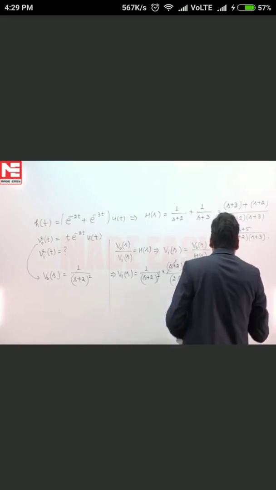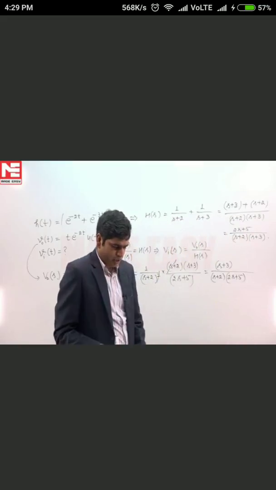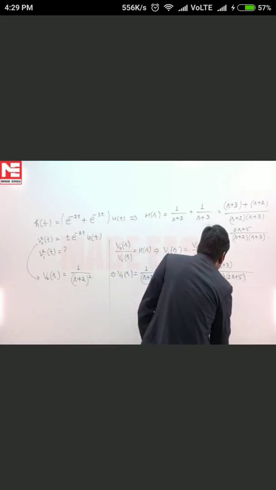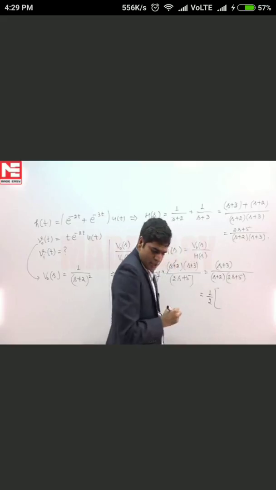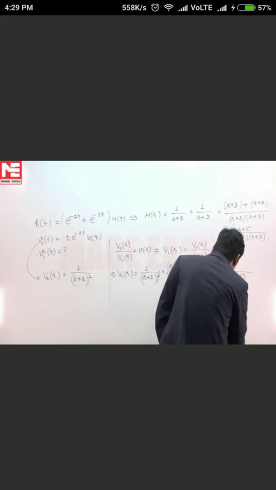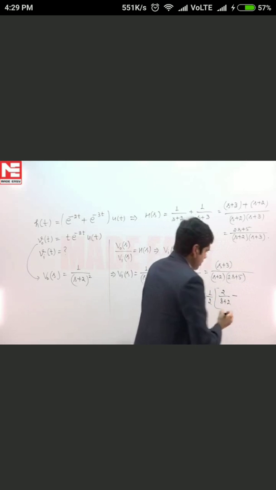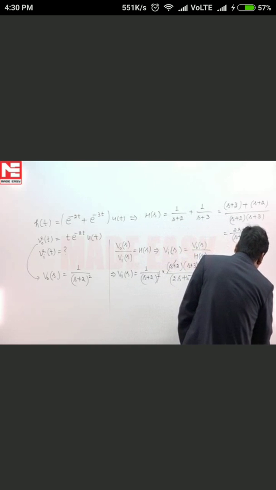If we make partial fraction of this, then we will be having 1 upon 2 outside, and this is 2 upon s plus 2 minus 1 upon s plus 2.5.